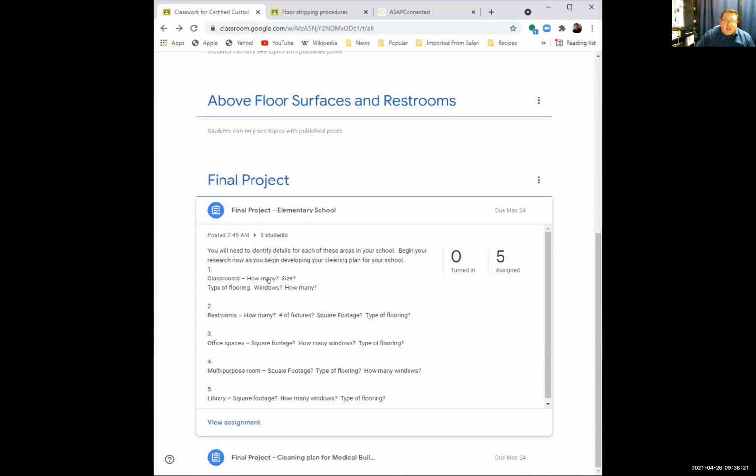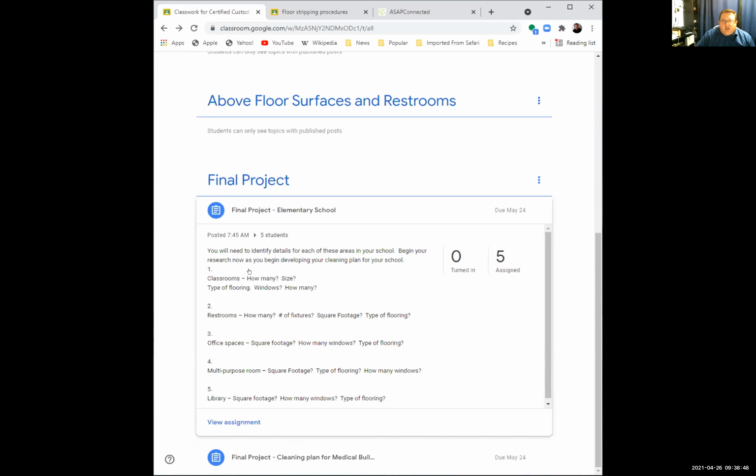Tyler, you might remember some details from the school you went to, but rely a little on the custodians to help determine how much of this stuff. The office space, you're going to have to worry about how much cleaning of office space. We're going to have a multi-purpose room to clean and a library to clean.